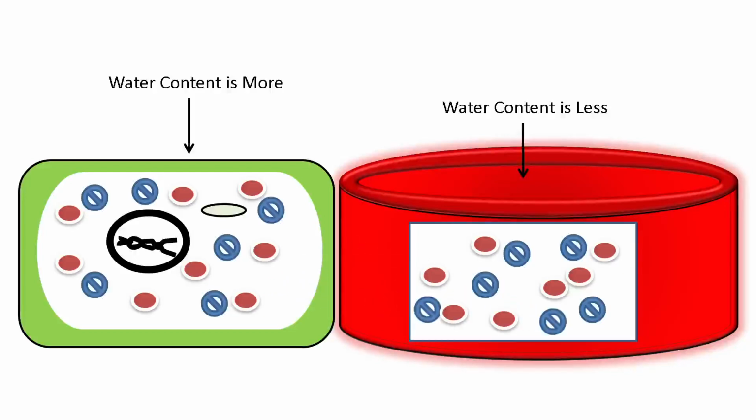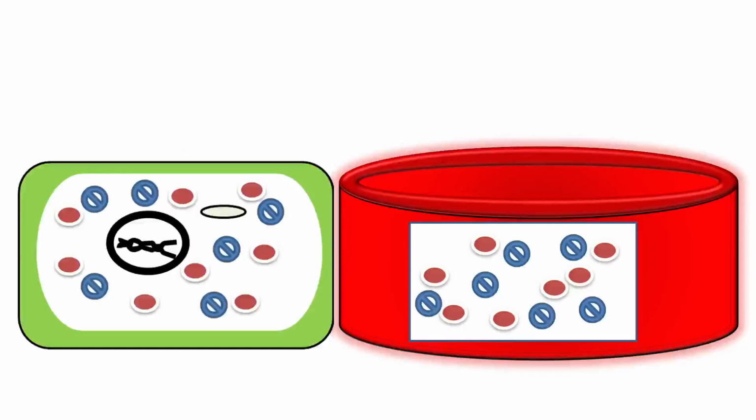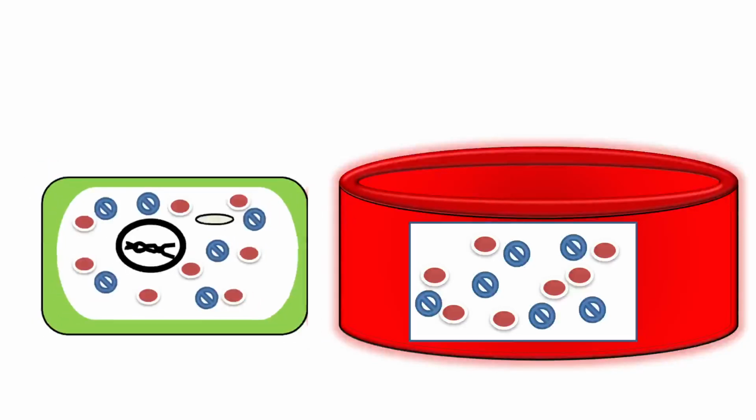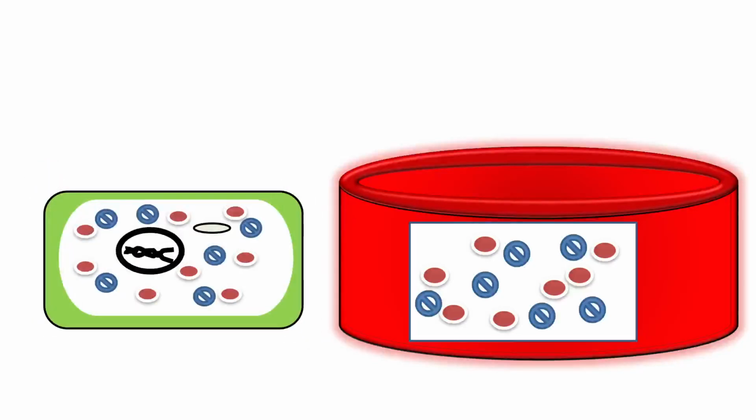Now we can see that there is same amount of water on both the sides. But due to the loss of water from within the intracellular compartment, the cells will shrink due to the loss of cell turgidity.